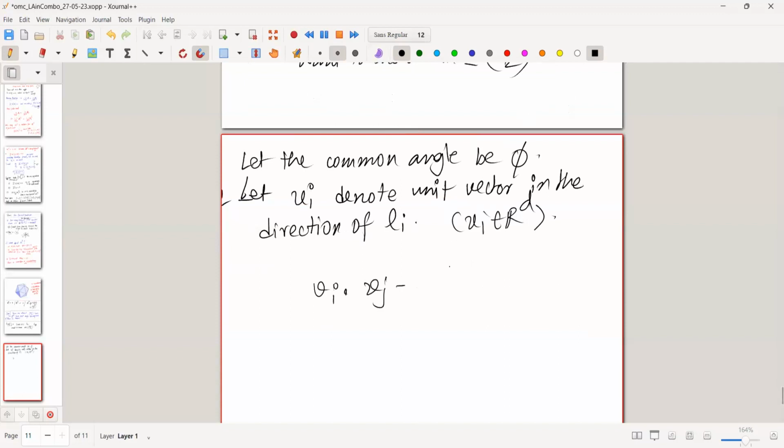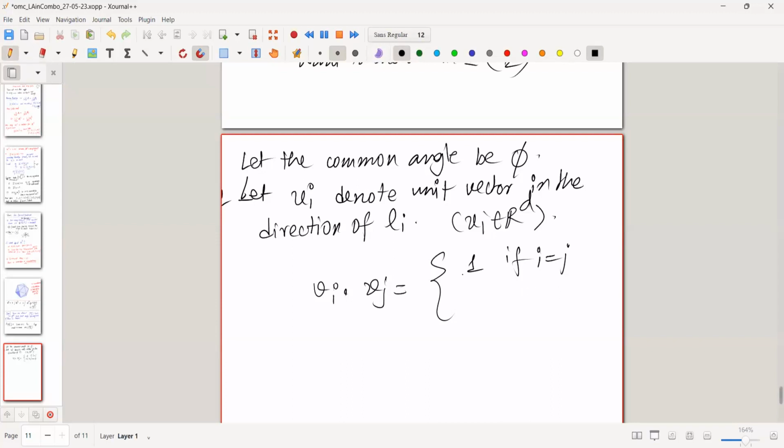Then what can you say about Vi dot Vj? This is 1 if i equals j, because Vi is a unit vector. If they are not equal, the angle is phi, so Vi dot Vj is cos of plus or minus phi, depending on what direction you chose the Vi in.